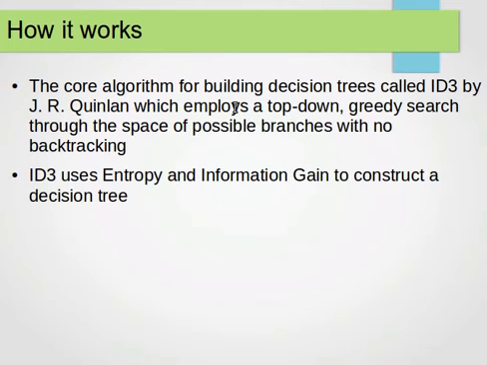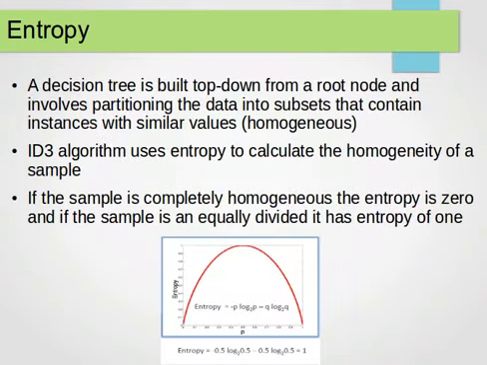Now the way it works, the core algorithm behind it is called the ID3 algorithm, invented by J.R. Quinlan. It employs a top-down greedy search through the space of possible branches with no backtracking. So it tries all possible branches and it chooses the best one. The ID3 algorithm uses entropy and information gain to construct a decision tree. Entropy, in case you're not familiar with it, comes from decision theory and is a measure of uncertainty.